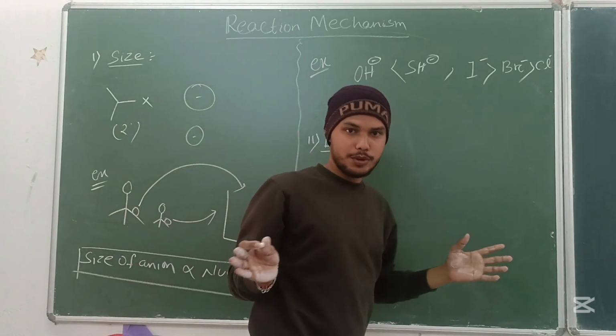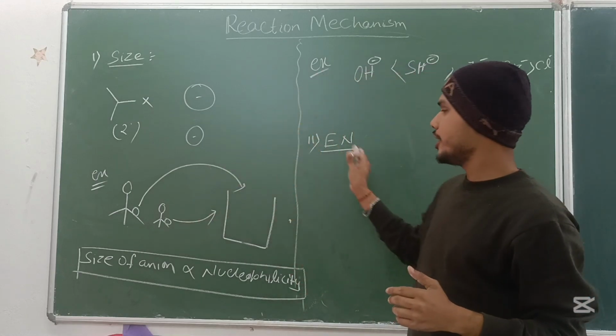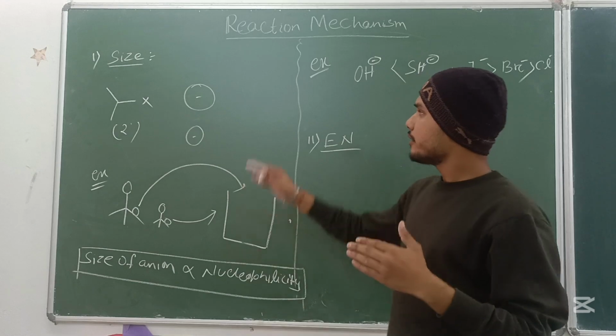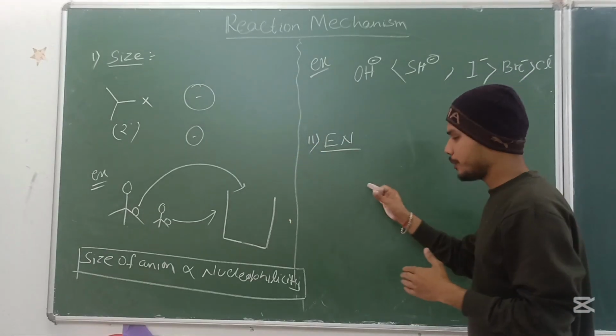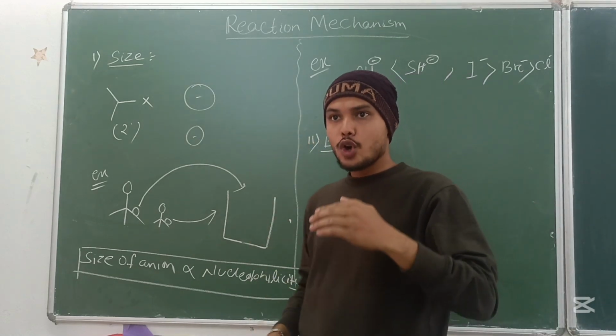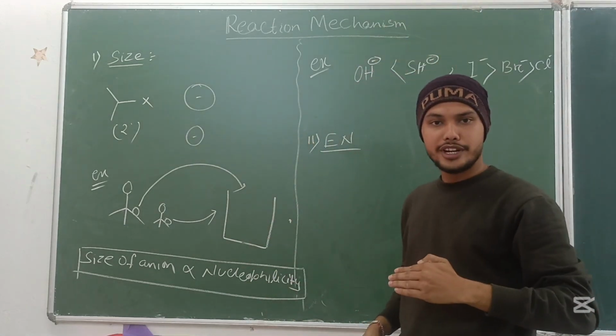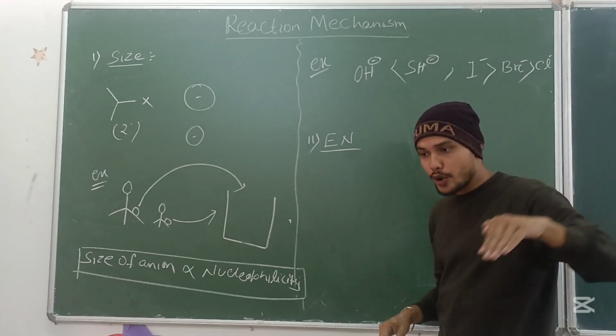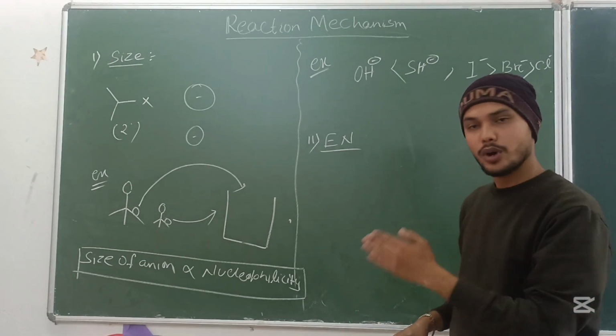You may be confused between two concepts, size and electronegativity. So how can you know where the size concept is applied and where the electronegativity concept is applied? The size concept is applied from top to bottom in the periodic table, but the electronegativity concept is applied across a period, that means from left to right.